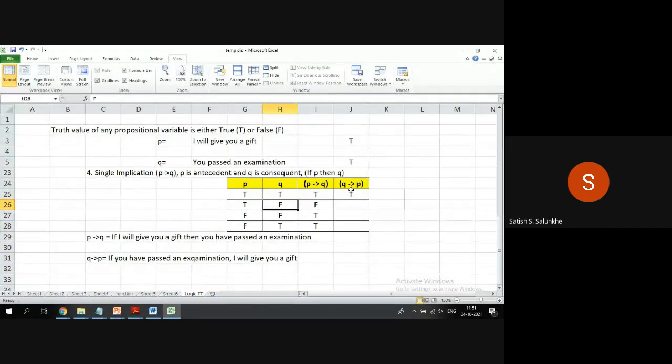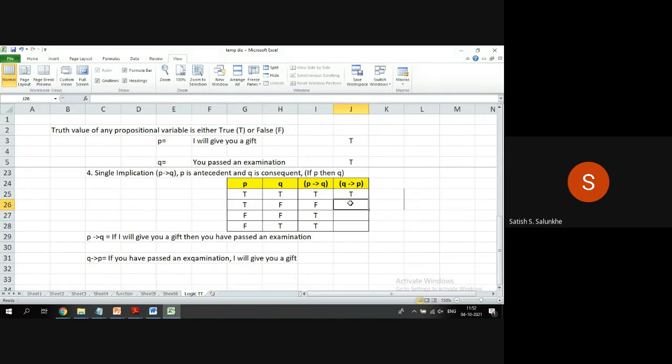This is one possible combination, and it is valid. I am not violating any condition. Next, you have passed the examination and I am not giving you a gift; as per my promise, I have violated it. So the promise is violated when you have passed the examination and I am not giving you a gift.